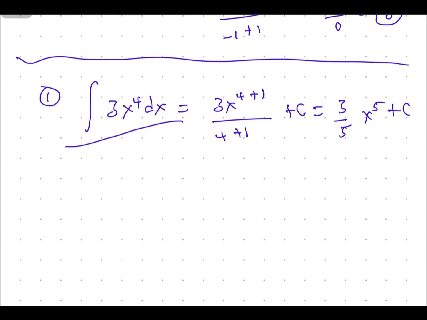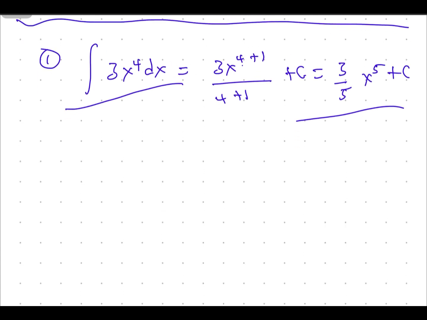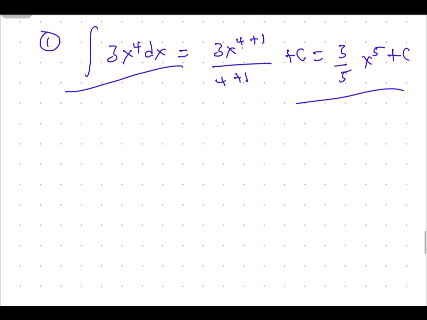So the integration of this: we take the power, we add 1, and then we divide, and then we simplify it and add our c. So this is as simple as ABCD, right? So let's take a look at another one.